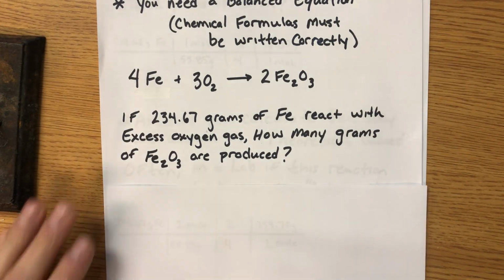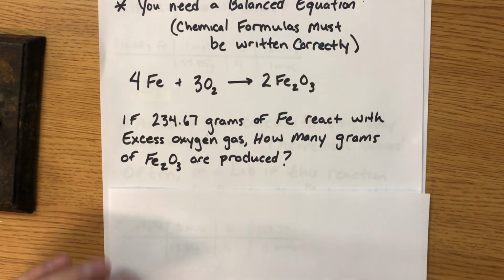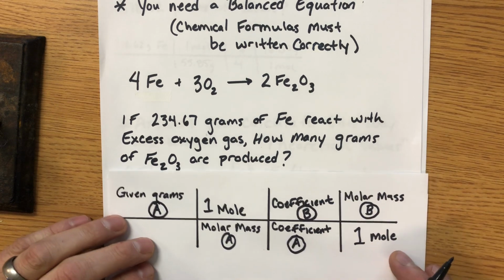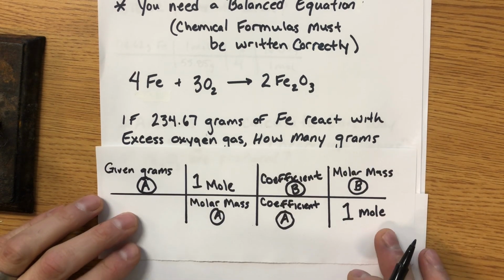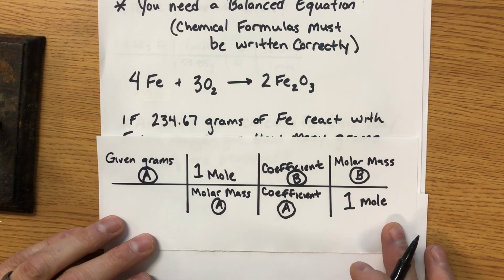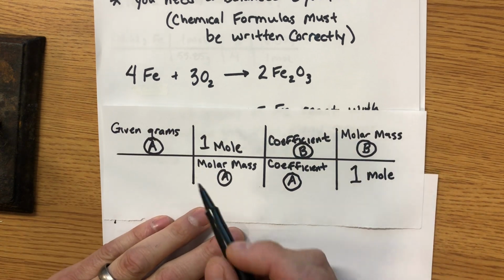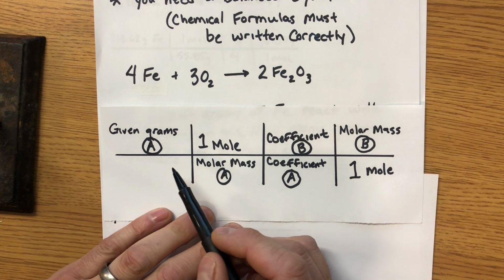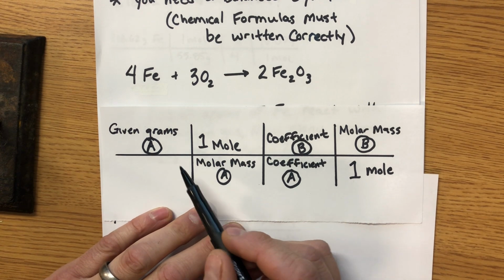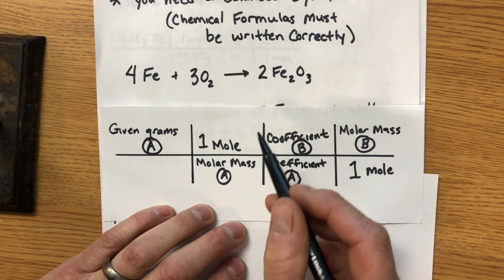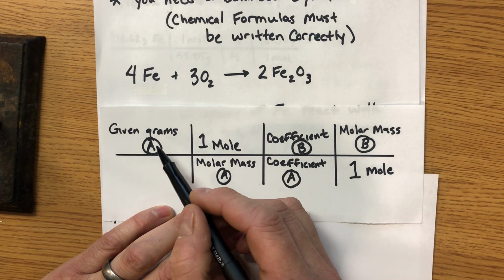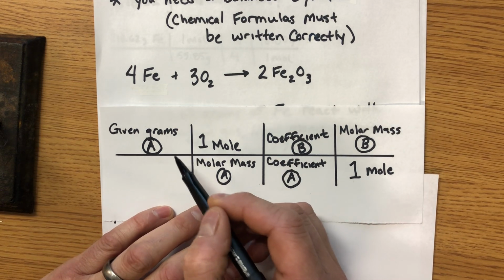Okay, so the schematic for this, or the dimensional analysis setup that you would use, is pretty similar but a little bit different than the mole to mole. You can see it's got a few more spaces to it here. So we still work with chemical A and chemical B, and remember that chemical A is the chemical that is given to you in the problem with a quantity.